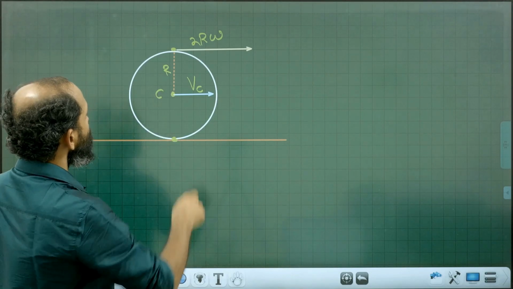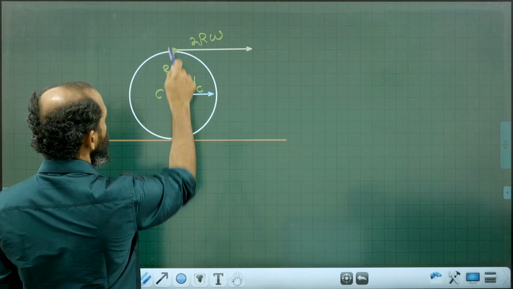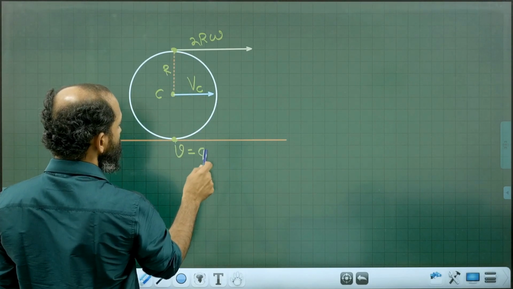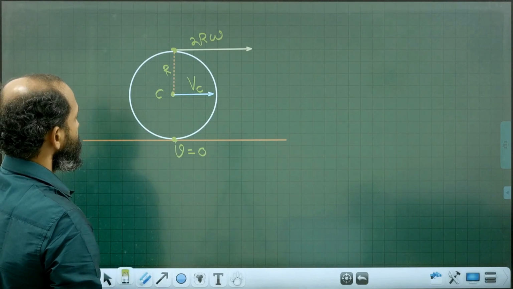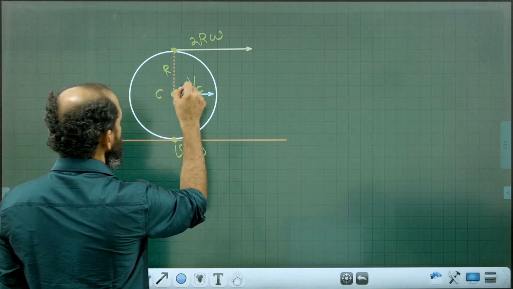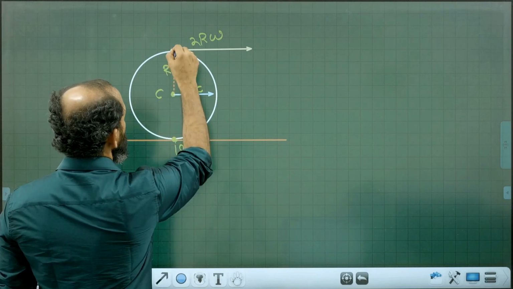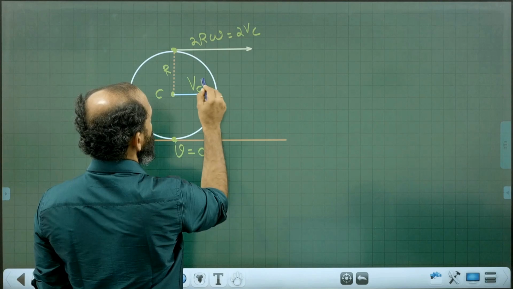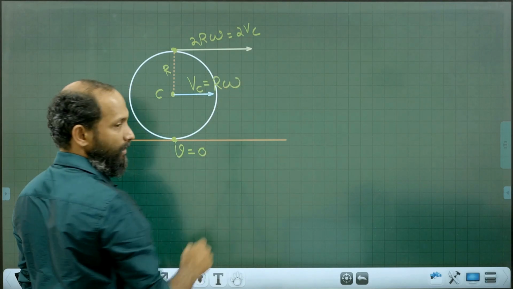So the speed of the topmost point will be 2r omega with respect to the bottom, and the speed of the bottommost point is 0. Speed of center of mass is Vc. Speed of topmost point is 2Vc. That is, Vc equals R omega.